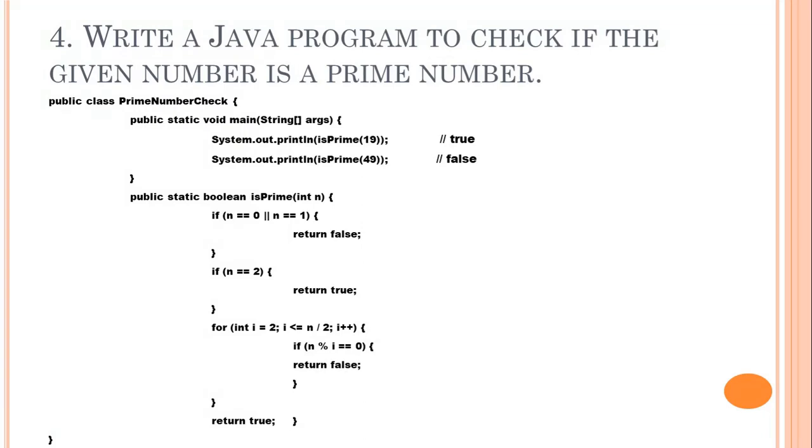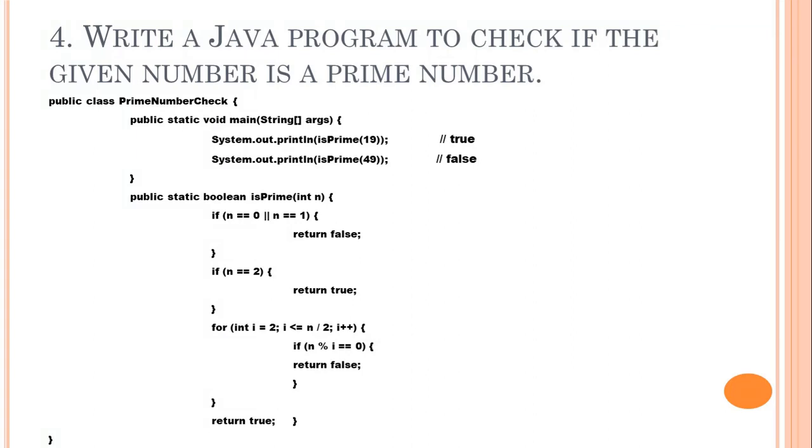The initial logic is n percent i, meaning n modulus i. We'll consider 19 as an example. It will check 19 modulus i with each and every value, and nowhere does it match, so it will never return false, and it will return true only.